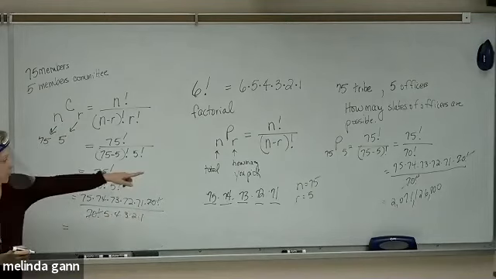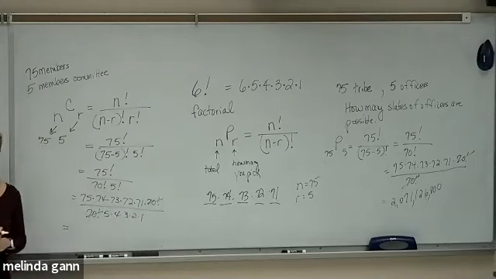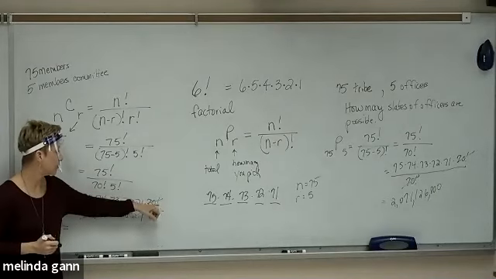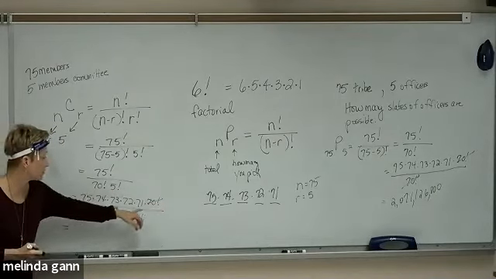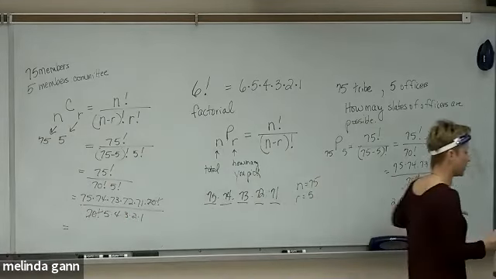So I've already got this number over there, and I'm gonna divide it by what, 120? If you wanna do it in your calculator all at once, just make sure you put parentheses around the numerator and parentheses around the denominator. So if I multiply this top out, I get the same number I got over here.